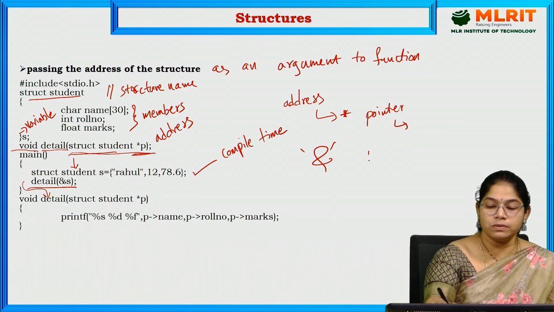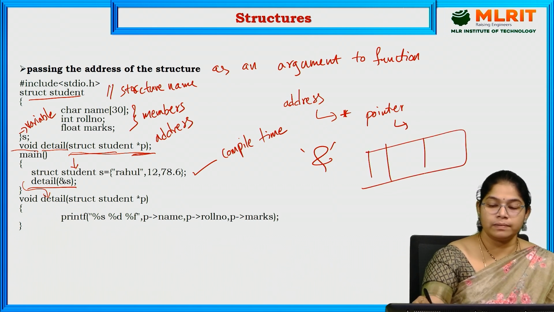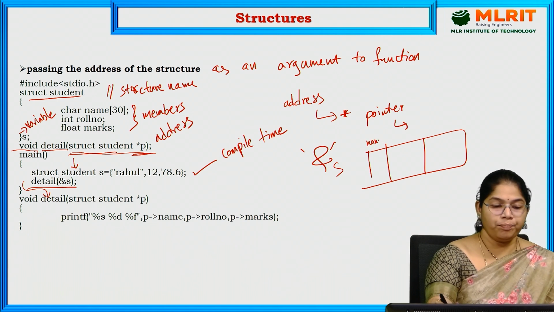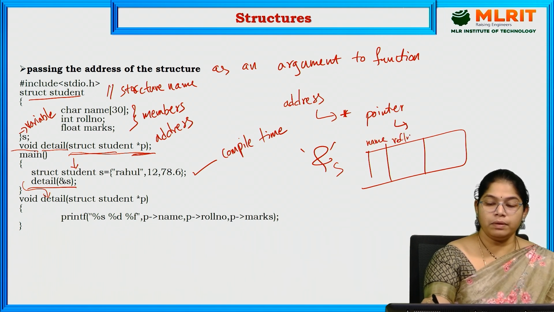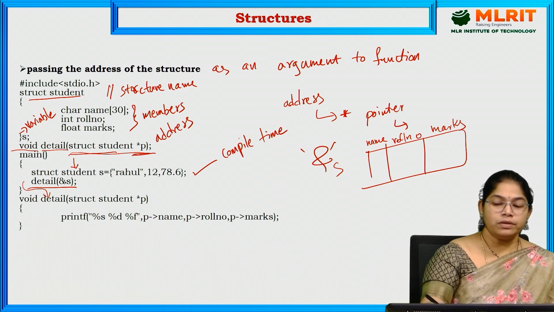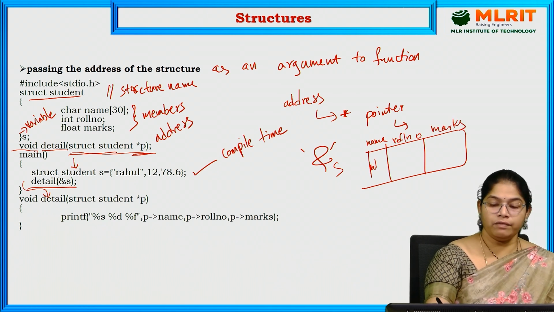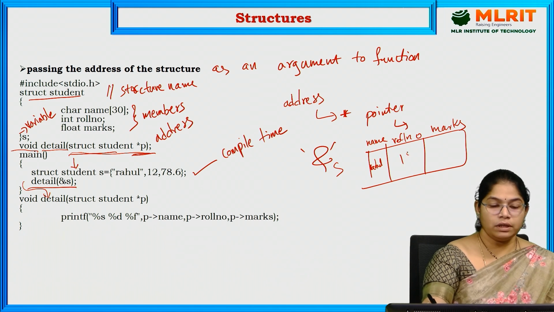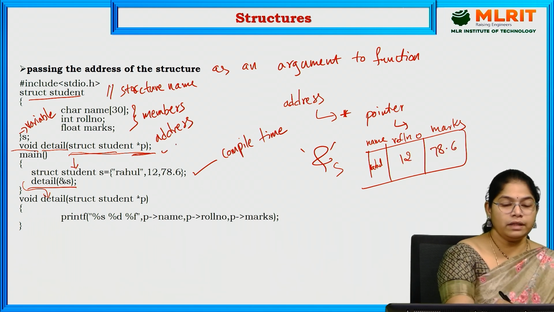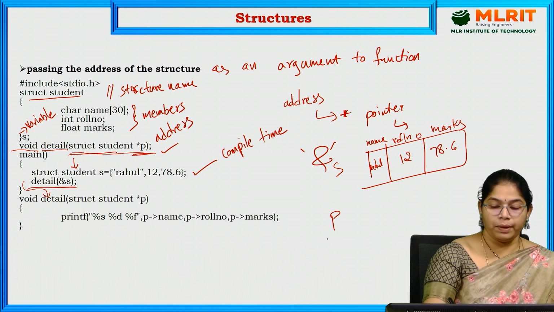Suppose we visualize this as s. I provided the values: this is the name, then roll number, then marks. Here the name I have given as Rahul, roll number is 12, marks is 100. Now here I created the pointer p.